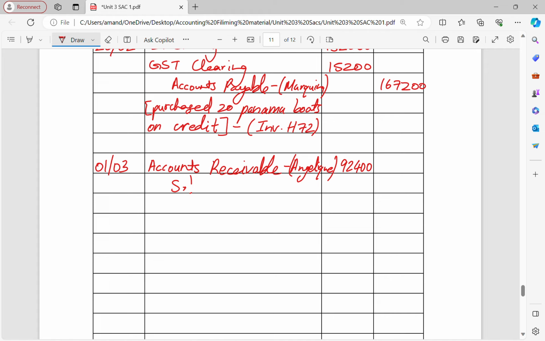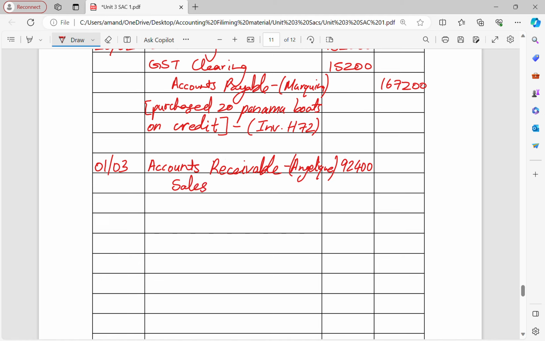Then the credit transaction here. You guys should know your basic tables of these journals, like all sales entries are the same. It's 4 transactions we need to do. Now sales is going to be credited here by 84,000.